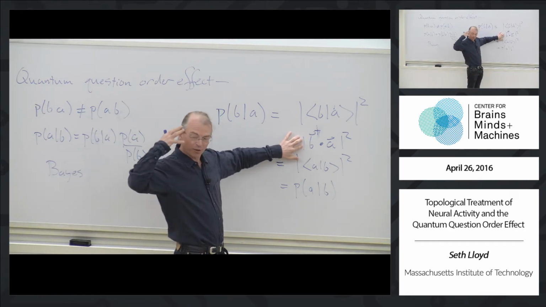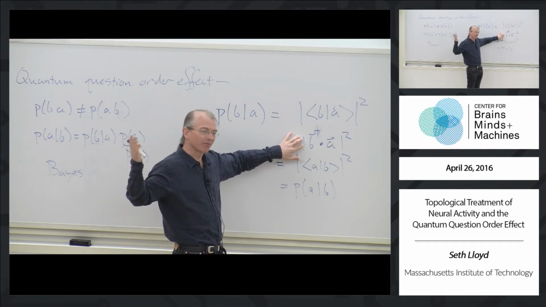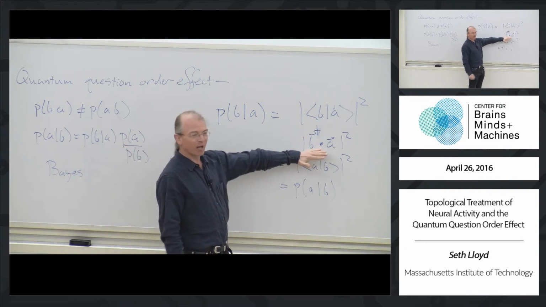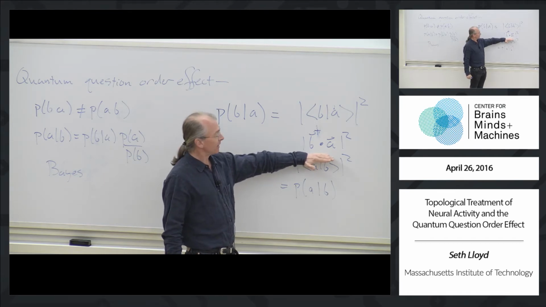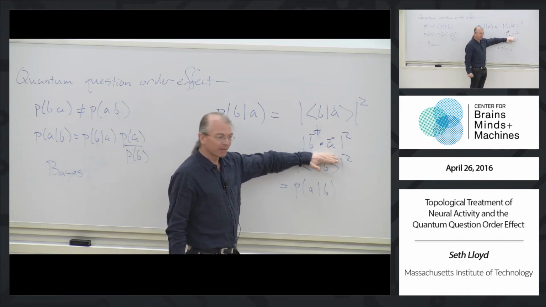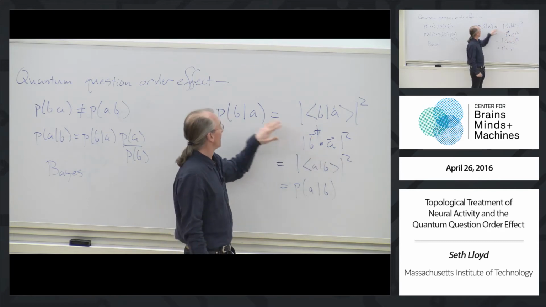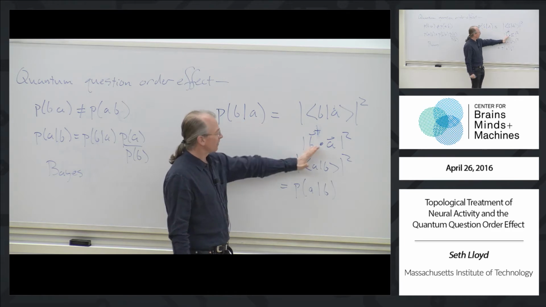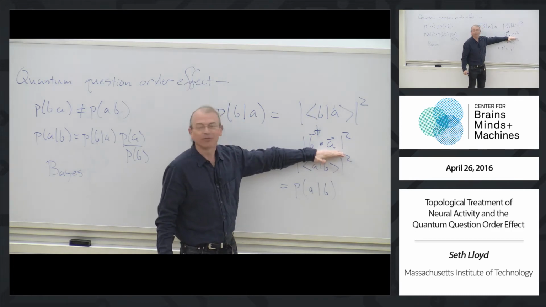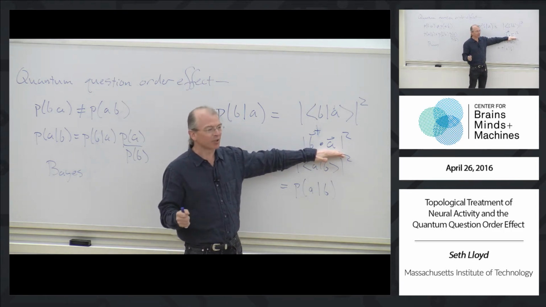But I would say that what it indicates is that it is suggestive that there might be some description of the thought processes and of neural processes that has some kind of vectorial description, and that the probability that you go to B given that you answered A is given by some function of the inner product between these vectors. That's what it suggests.